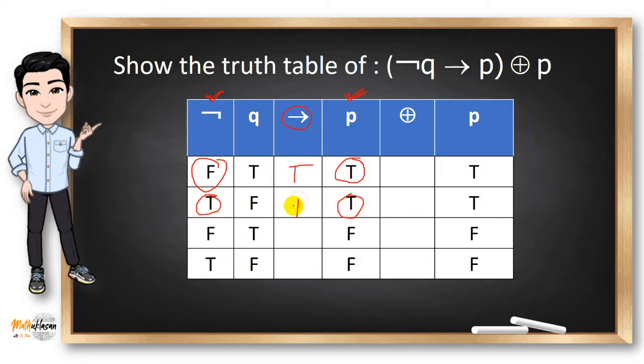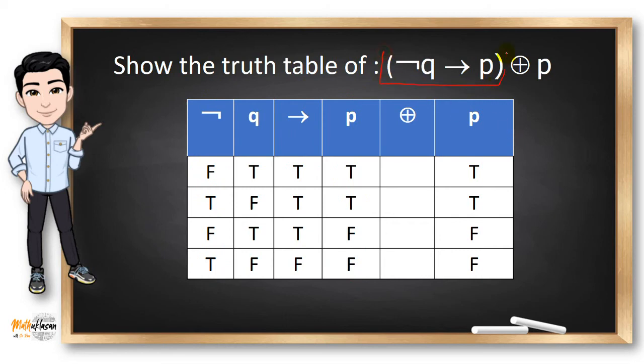That's also true. How about F implies F? That's also true. And how about true implies false? Well, this is false. What I just remember is, whenever it is TF, it's always false. The rest are true when it comes to implication or conditional.